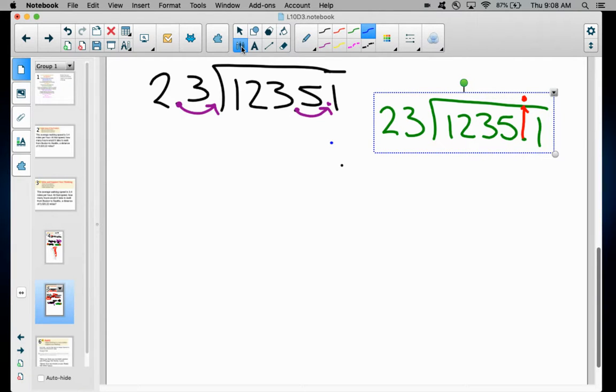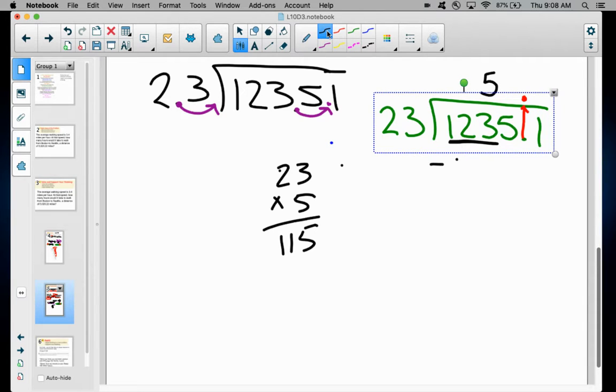All right. So when we are dividing and figuring out where to put our first number, remember we have to look at a number bigger than the divisor. So that's 123. And we're going to find that 5 works because 23 times 5 ends up being, I did it earlier, 23 times 5, 115.